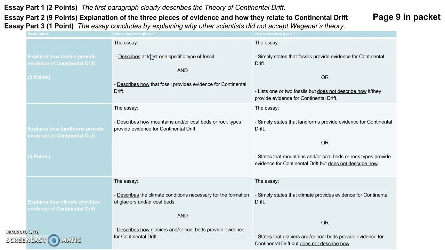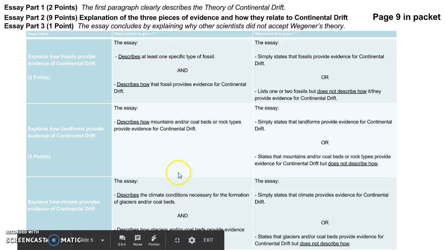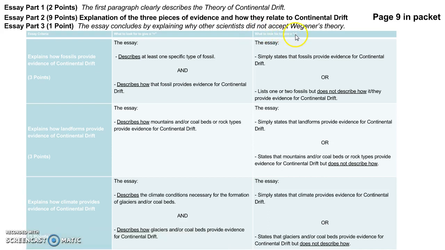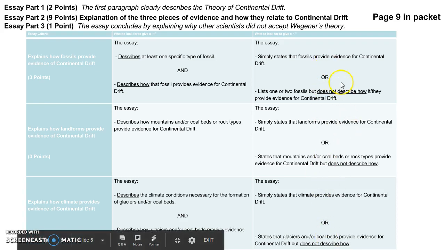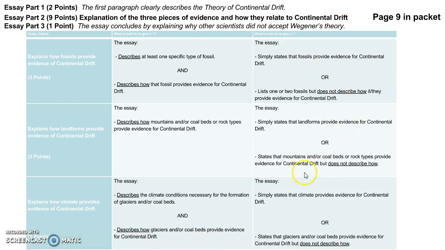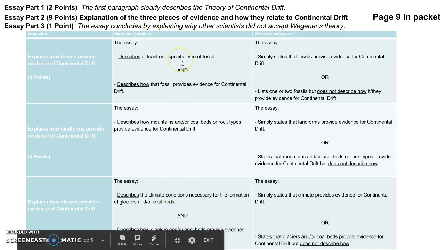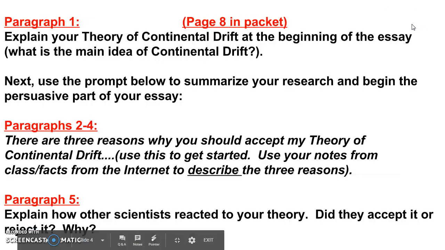And in order to get all the points, you will want to be in this vertical column right here. So you're going to want to read over that. If you look at the top, and I know it's small, it says what to look for if you have a minus. So these would be things you would do or not do over here. So you want to stay in the plus column to try to earn all the possible points. Everyone has this on page 9, where you should all be using the rubric.